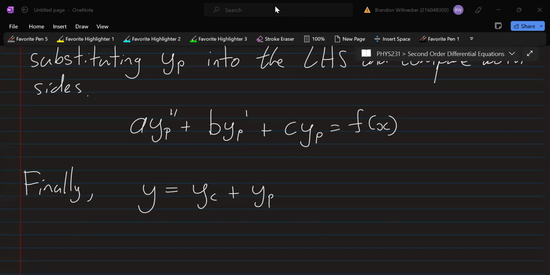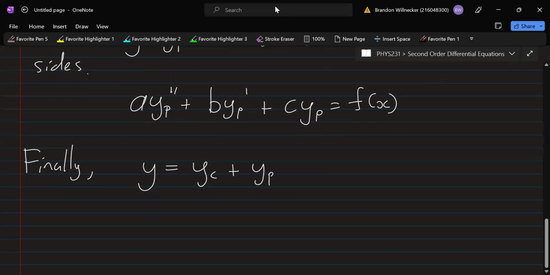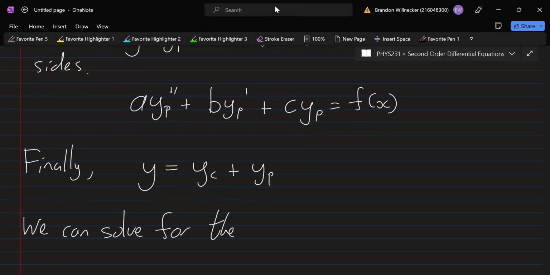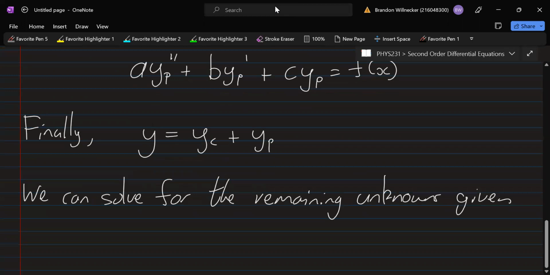However, we still have the unknowns from the characteristic part, and we can solve for the remaining unknowns given two initial conditions.